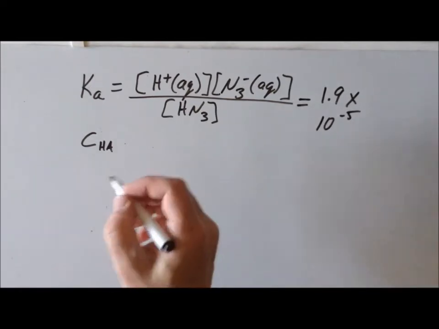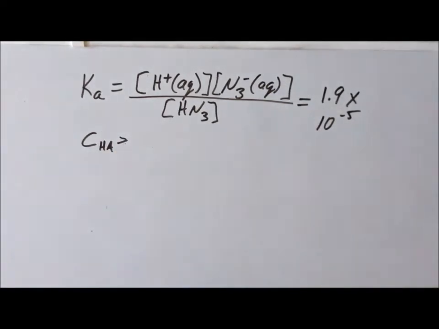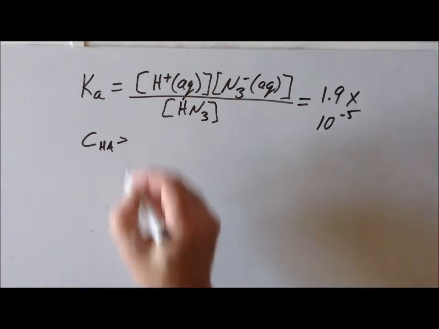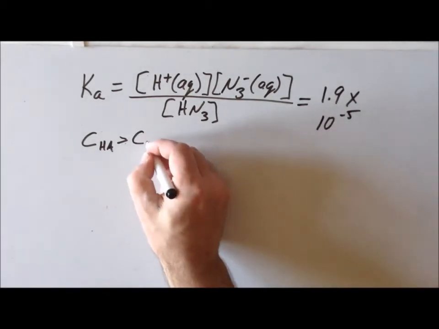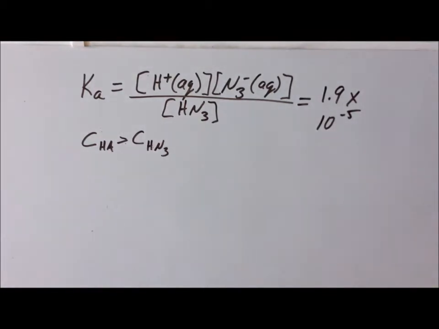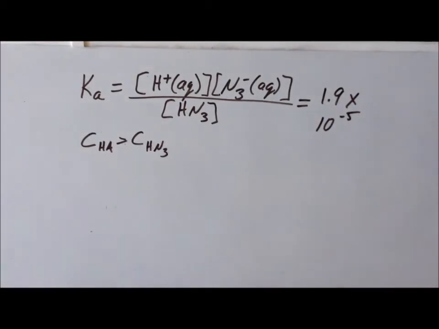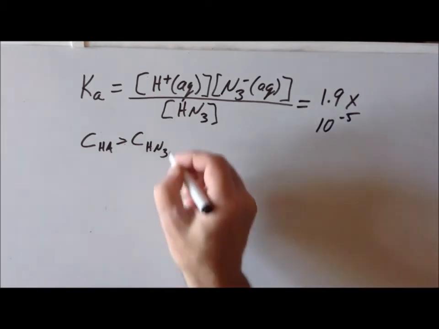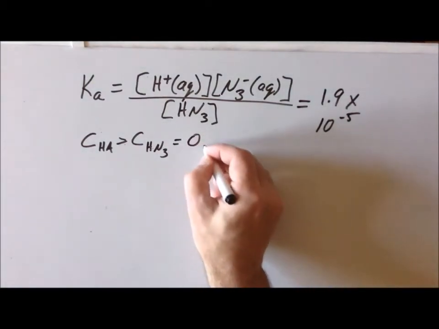Or if you want to be more specific, in this case we know that our weak acid is hydrazoic acid, so we might even write HN₃, and the concentration that we will use for this particular example will be 0.1 molar.